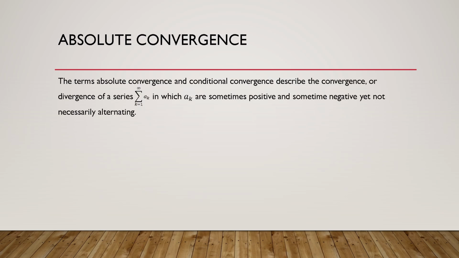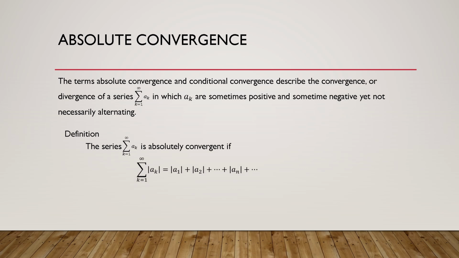The terms absolute convergence and conditional convergence describe the convergence or divergence of a series in which a sub k are sometimes positive and sometimes negative, yet not necessarily alternating. The definition states that the series, the sum from k equals 1 to infinity of a sub k, is absolutely convergent if the sum from k equals 1 to infinity of the absolute value of a sub k is convergent.